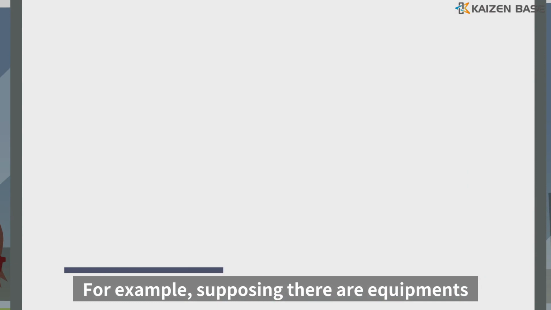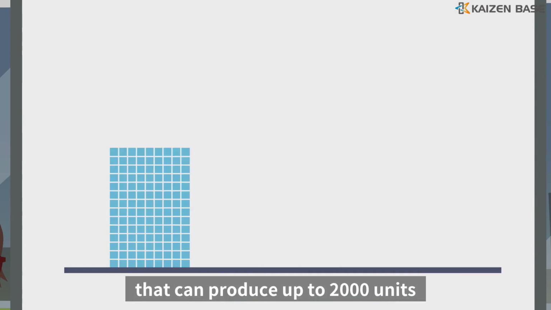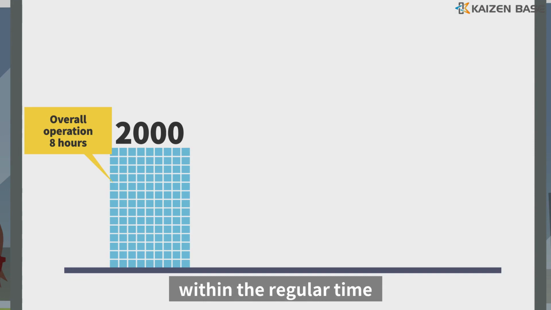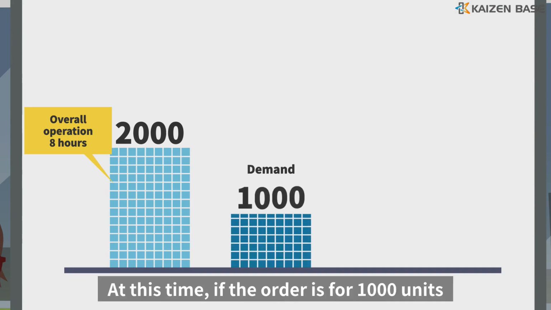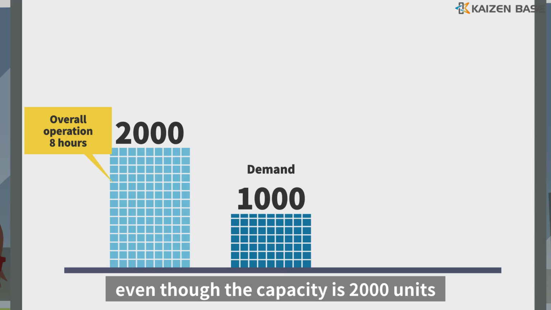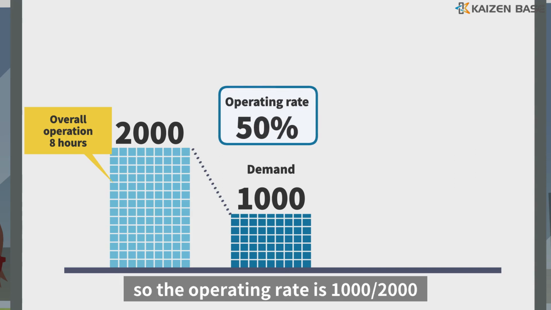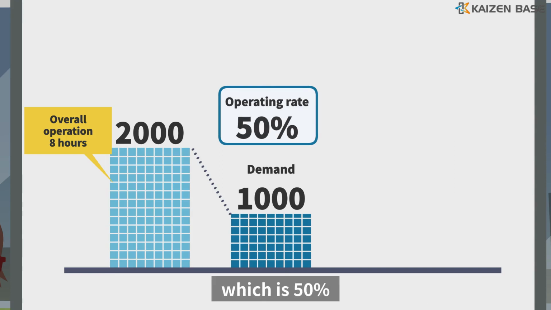For example, supposing there are equipments that can produce up to 2,000 units with overall operation capacity within the regular time. At this time, if the order is for 1,000 units, even though the capacity is 2,000 units, it is necessary only to produce 1,000 units, so the operating rate is 1,000/2,000, which is 50%.